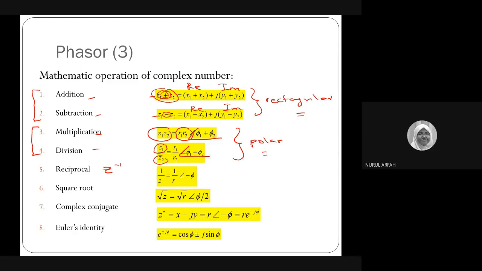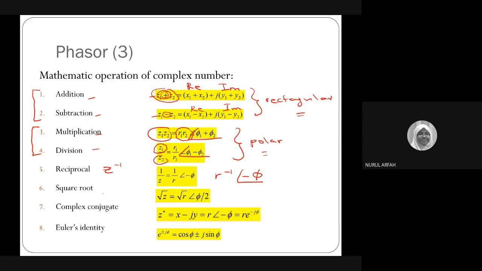You can write it like this, or 1 over z. This is the amplitude part, you take the reciprocal of the amplitude, that's why you have 1 over r, and the phase you should have the conjugate of that, the negative of theta. Since this is a plus, then this is a minus.